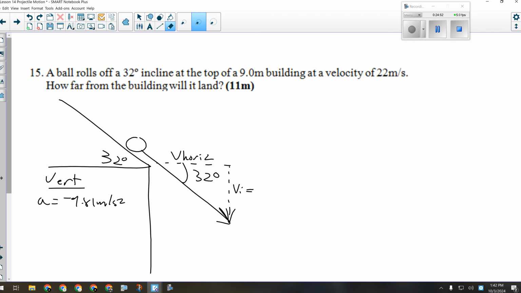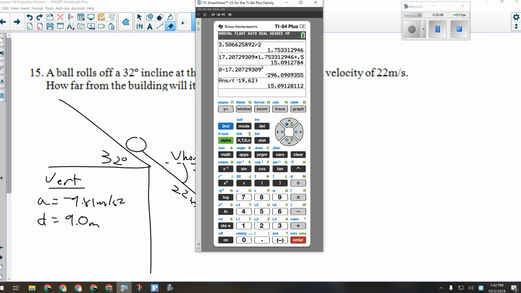And we know that the building is 9.0 meters tall, and that this side here is 22 meters per second. Now, this is the trick with this one. You actually need to do it in 2 steps. First we have the sine of 32 degrees times 22.